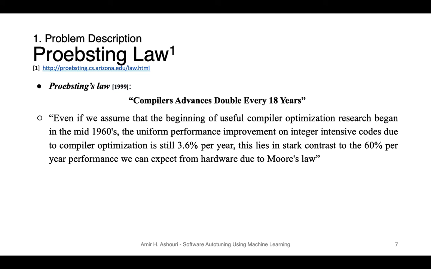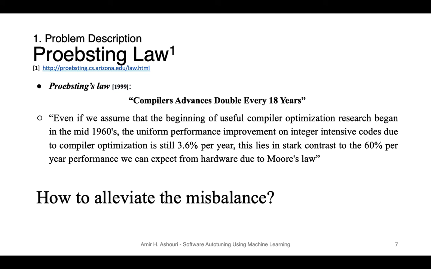He divided the performance benefit of having optimization versus not with the same code, and normalized it by the number of years that we can expect the compiler optimization domain was working on optimizing compilers, say 40 years, 45 years. And he basically found that on average, we had a performance improvement of 3.6 per year, which comes from that. So we have a huge misbalance.